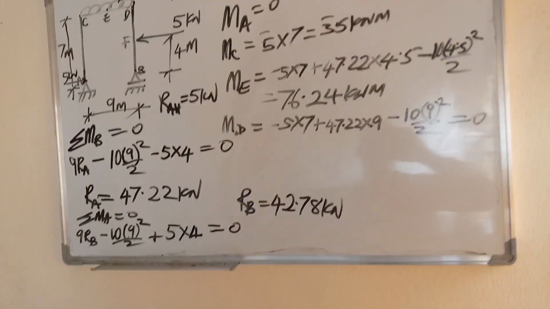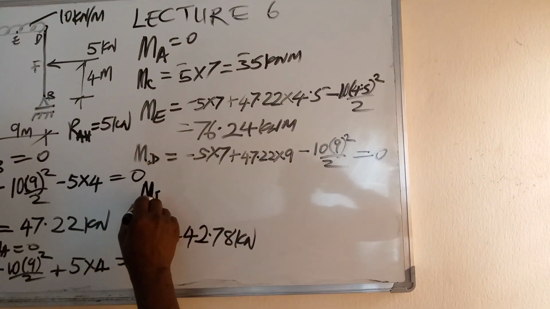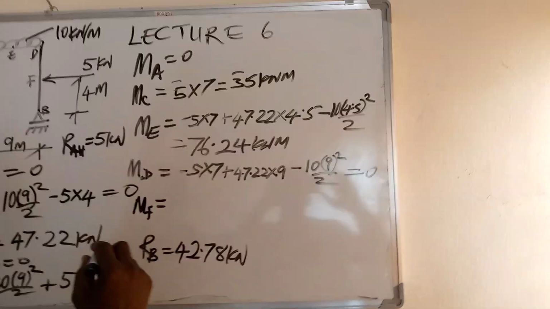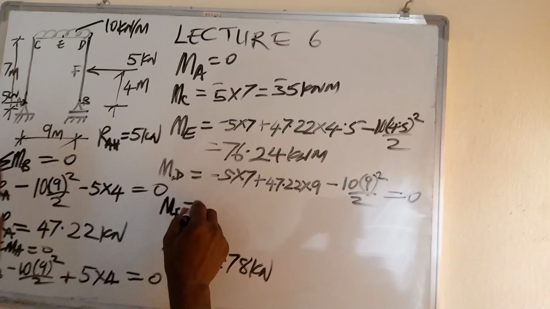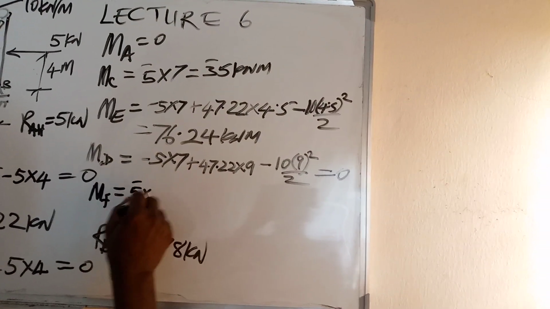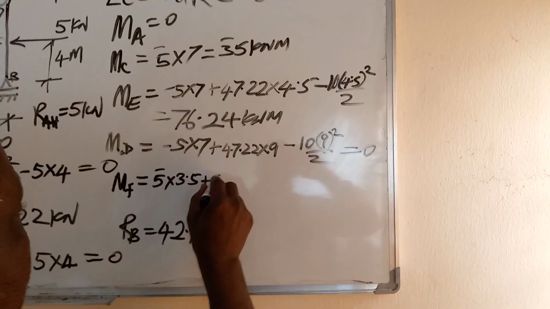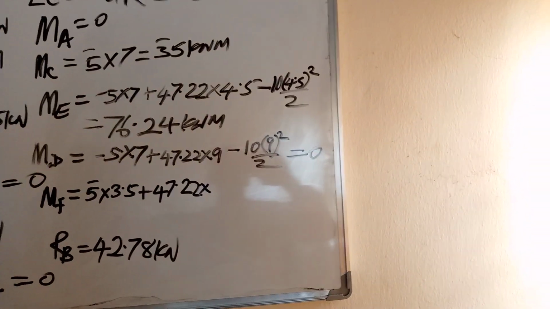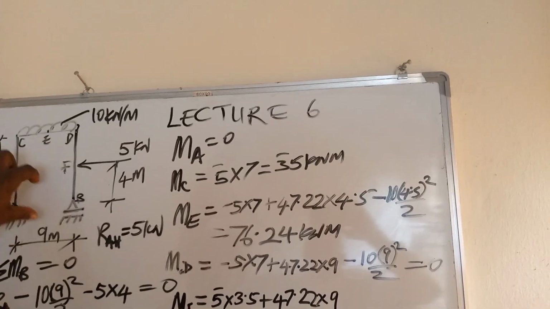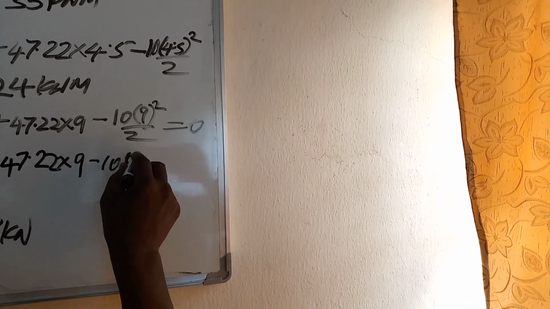At F, the perpendicular distance for 5 is 3.5, so minus 5 times 3.5, then plus 47.22, the vertical reaction A, times 9, because we're talking of perpendicular distance, then minus the load, 10 times 9 squared over 2.